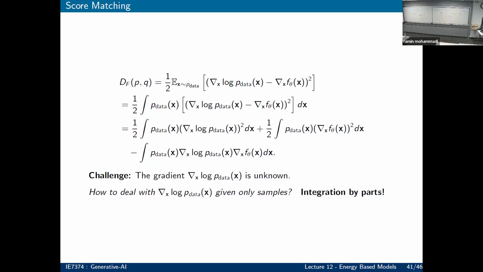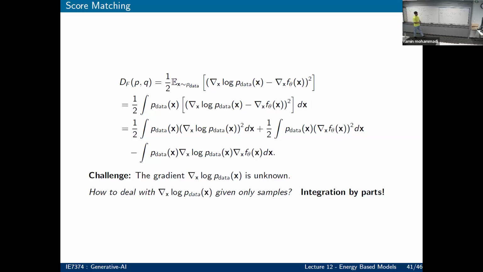So we're going to use integration by parts. For integration by parts, if you have the integral of fg, we can write it as fg minus the integral of f prime g, correct? We're going to use that to expand this one.